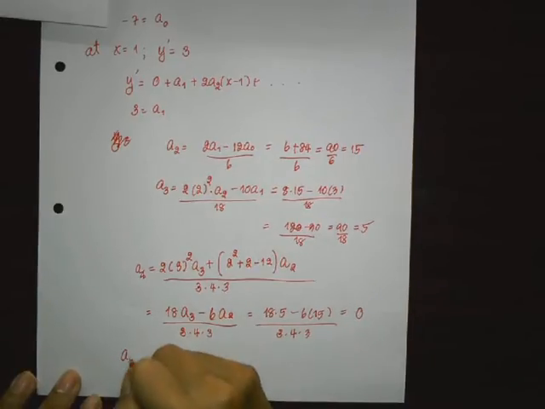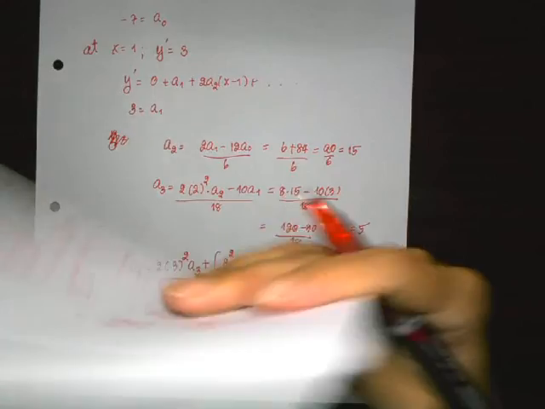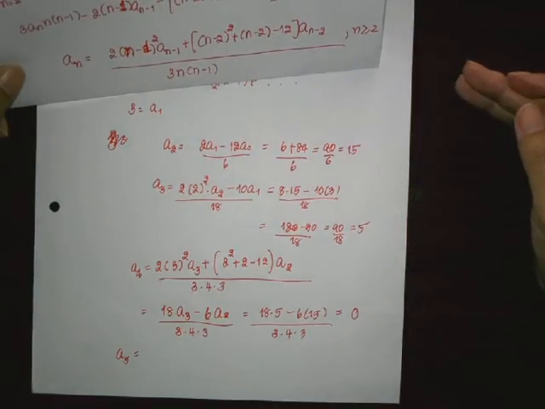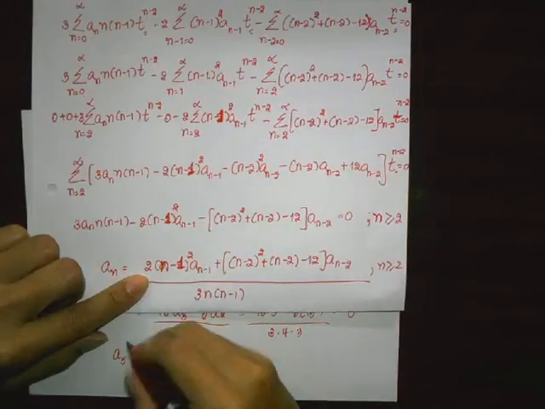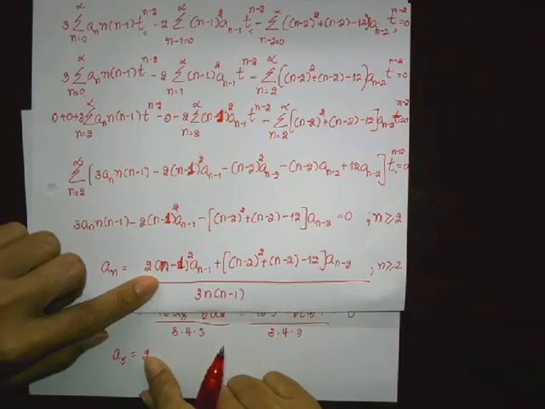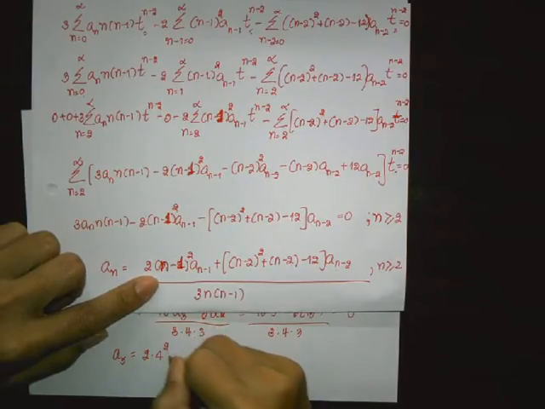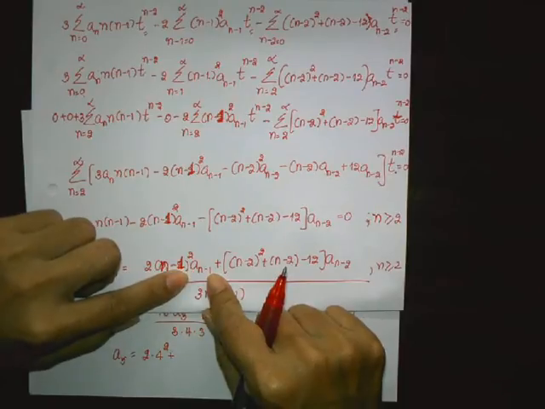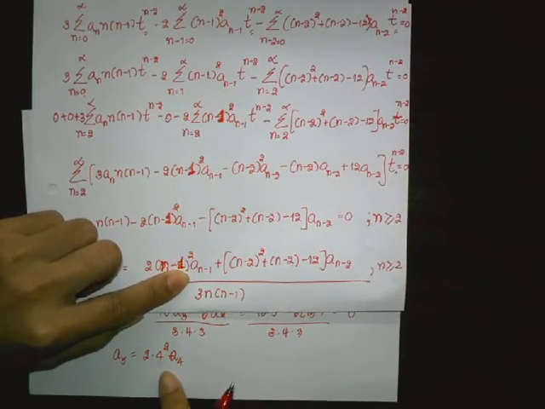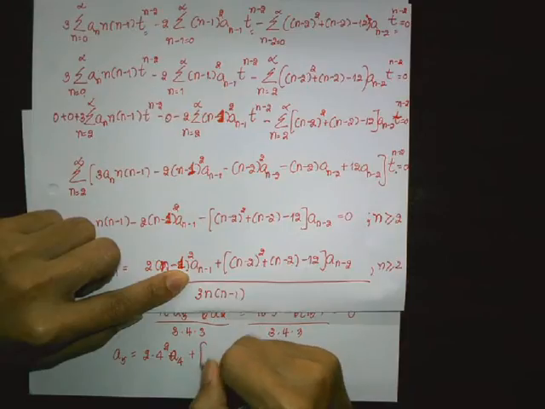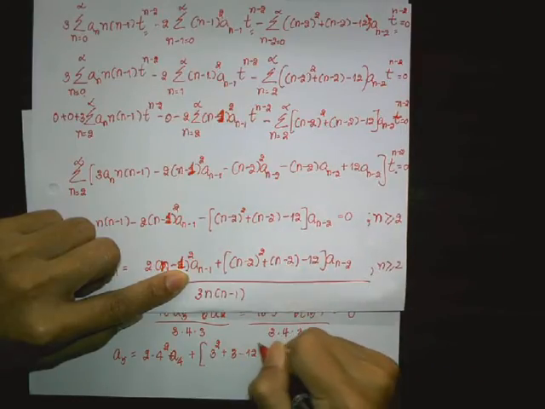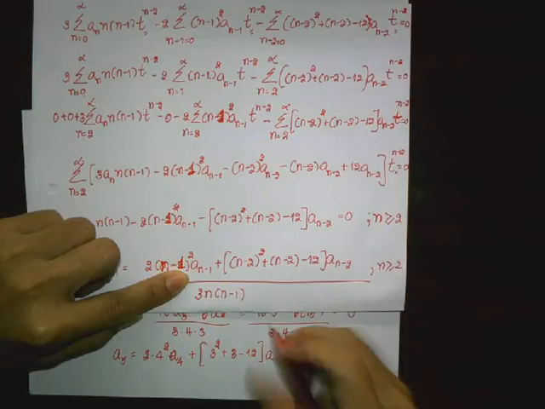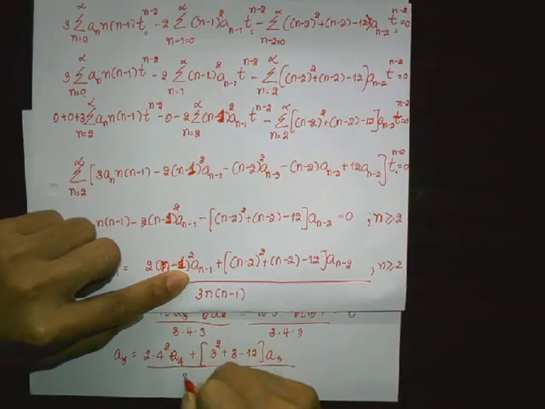Now a5. a5 is equal to 2 times 5 minus 1 is 4 square, times a4, which is 0, plus 3 square plus 3 minus 12 a3, divided by 3 times 5 times 4.